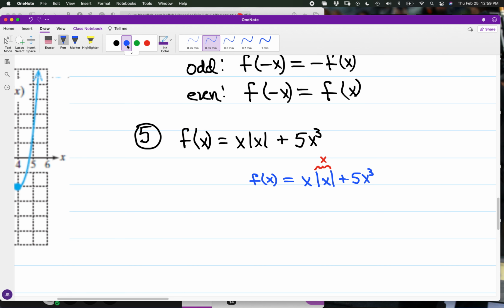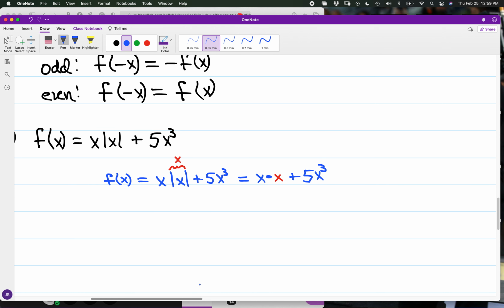So for f of x, you're looking at x times x plus 5x cubed. And so f of x is x squared plus 5x cubed.